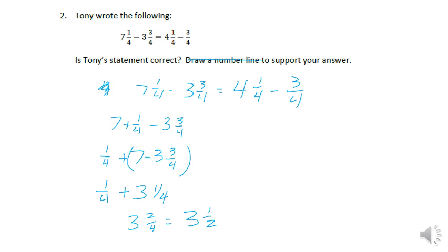Now let's try the other side. Here I can see 4 1/4 minus 3/4. Okay. Now let's go 4 plus 1/4 minus 3/4.